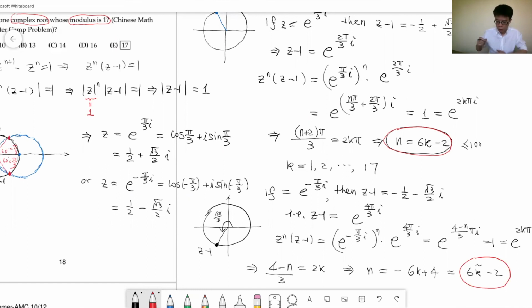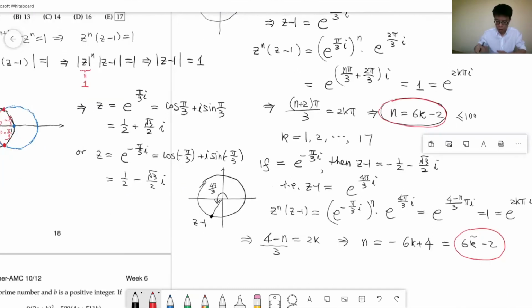So if you count this n, they will be the same as the previous solutions. So we still have the same solution, same as the above case. So we don't have more n's. So the answer is just 17.